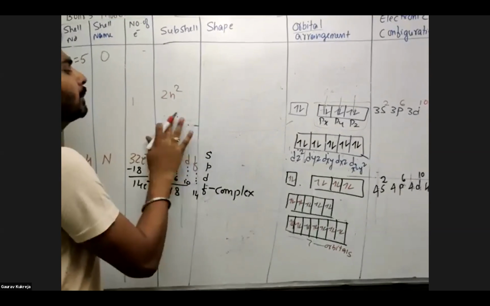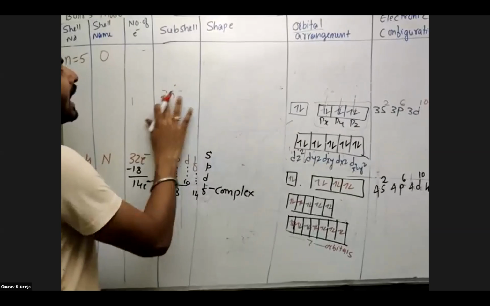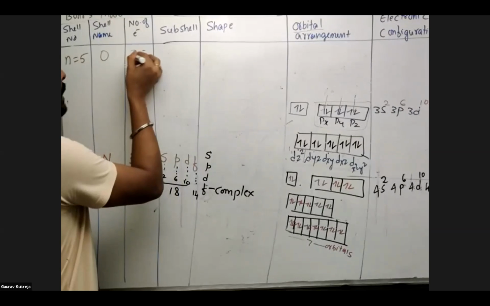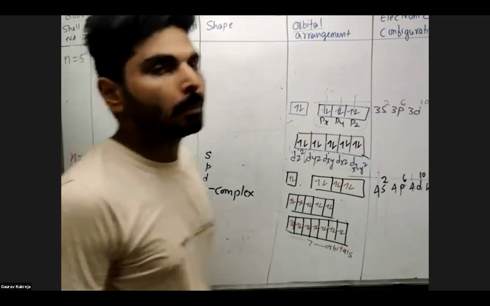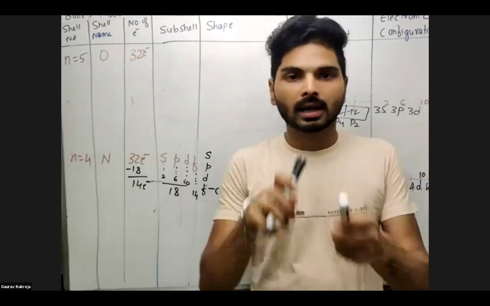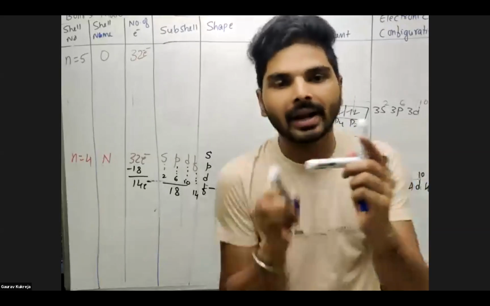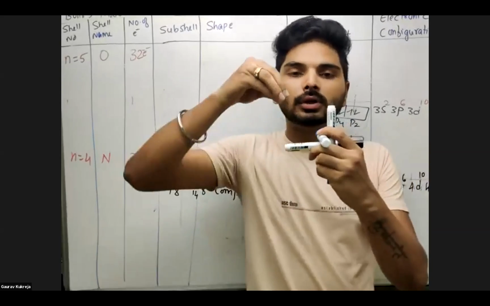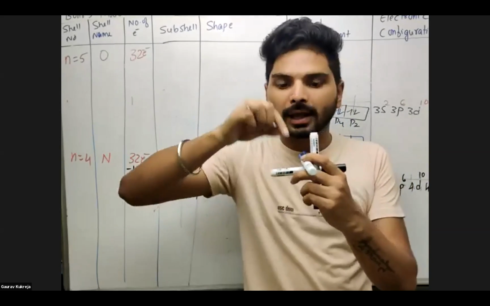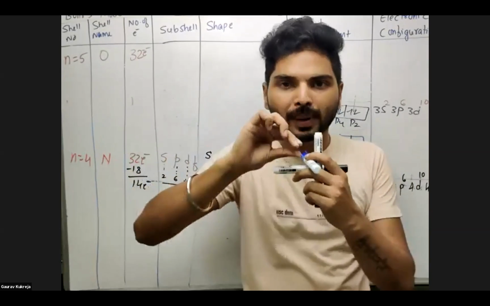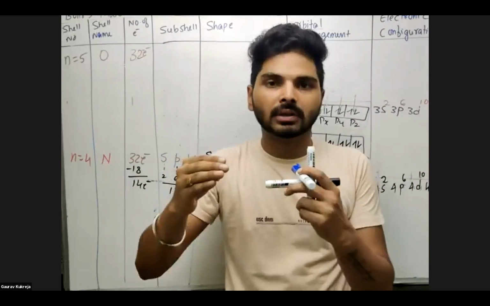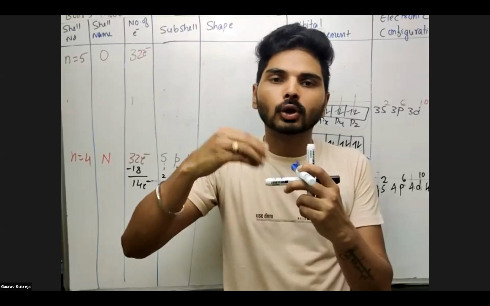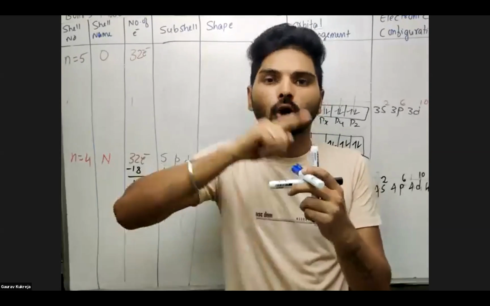But quantum mechanics disproves that and says that maximum you can expect only 32 electrons, because mathematically, as I told you, you can give the equation for individual spaces inside that. So there is no space left to fill. Not only filling electrons, you have to show the revolution also.